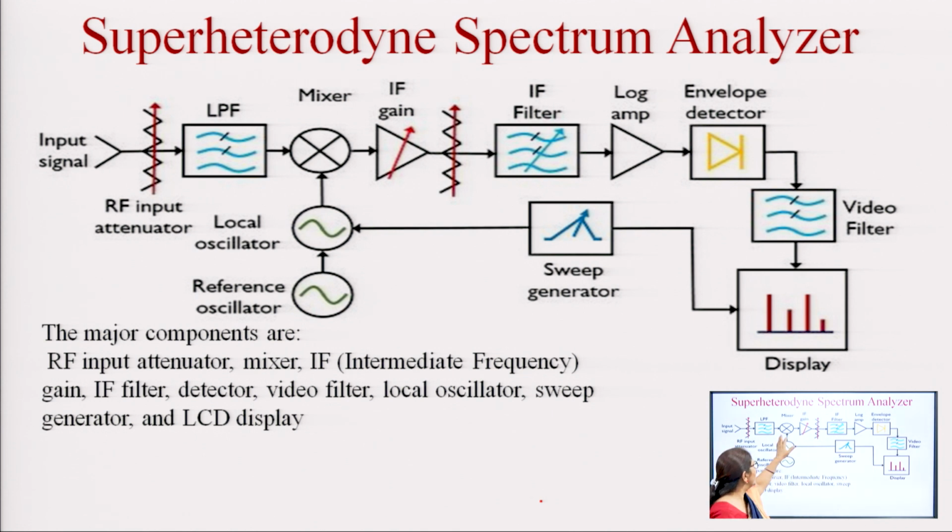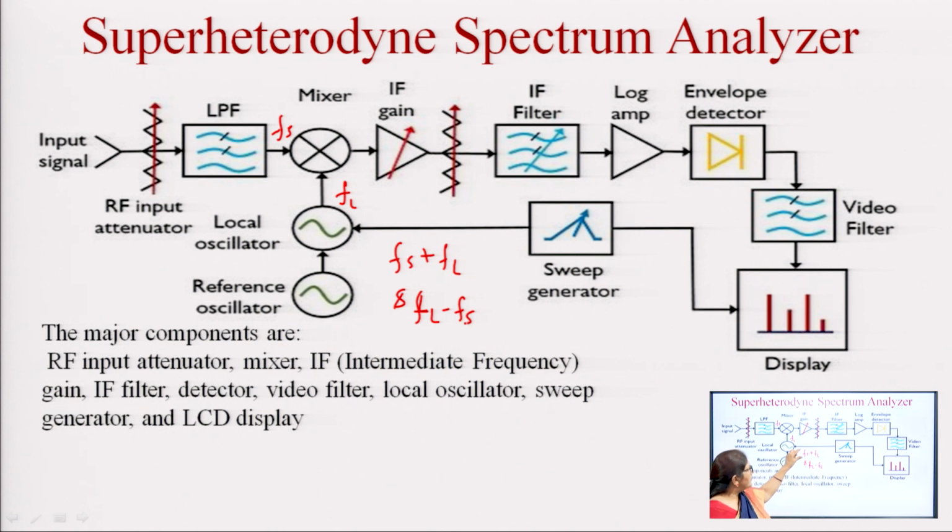It has two inputs: one is the input signal, and the second is the input from the local oscillator. Suppose we represent the input signal by Fs and the local oscillator signal by Fl. This mixer will produce the sum and difference of these two signals, meaning it will produce Fs plus Fl and Fl minus Fs.